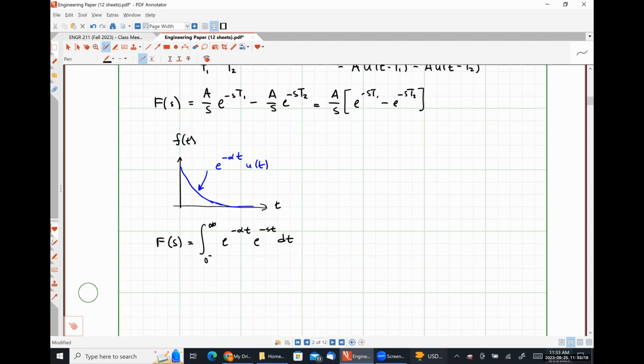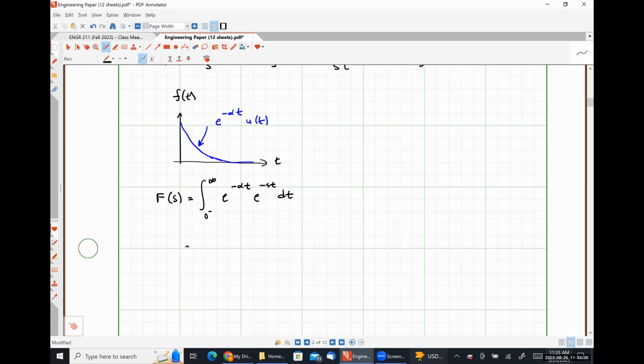What happens when I multiply two exponential functions together? I can add the exponents, right? So that's going to look like the integral from 0 minus to infinity of e to the negative s plus alpha t dt. Okay. Anybody got a beef with this?